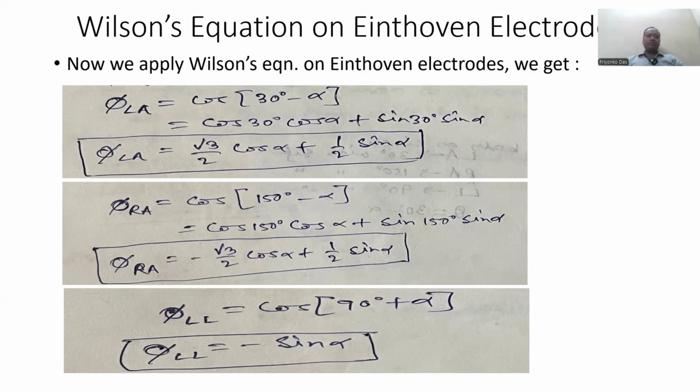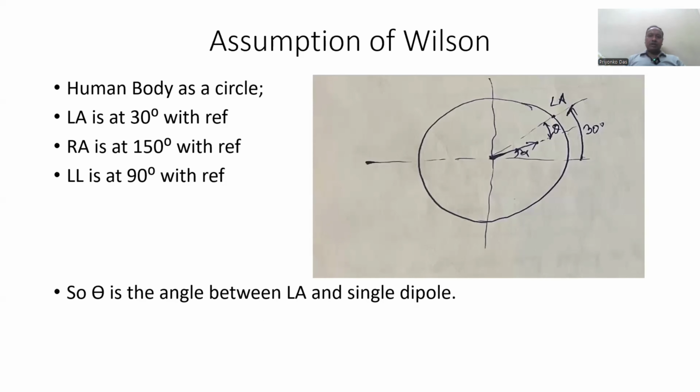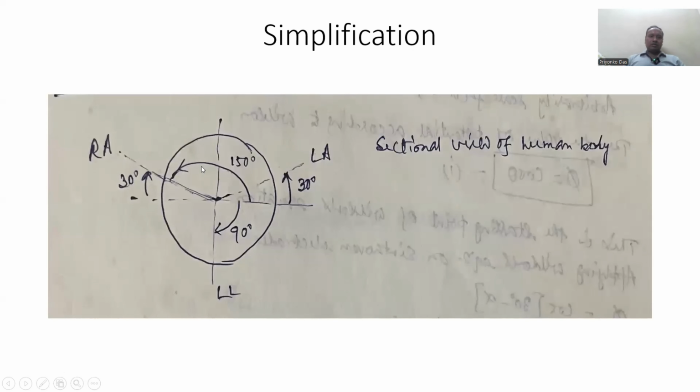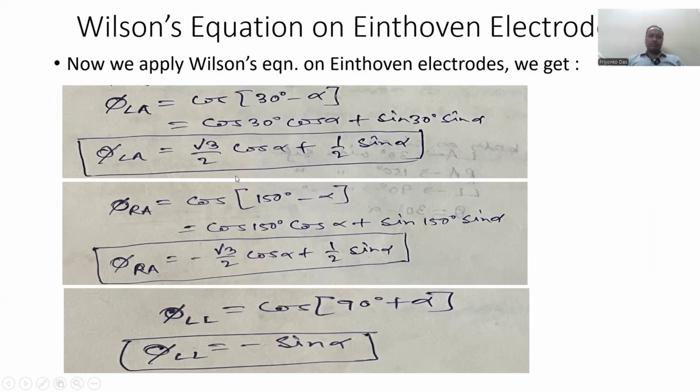Next, phi RA. Phi RA will be equal to cos of 150 minus alpha. How does it become that? I have to go again over here. See, the angle theta will become 150 minus alpha, so I have written phi RA is equal to cos of 150 minus alpha.